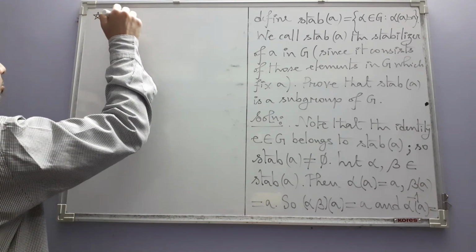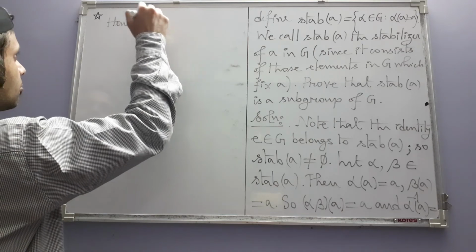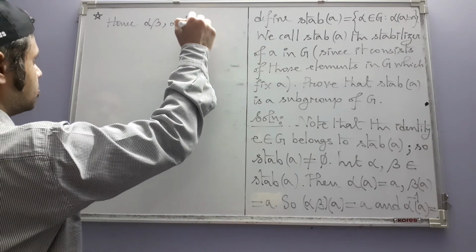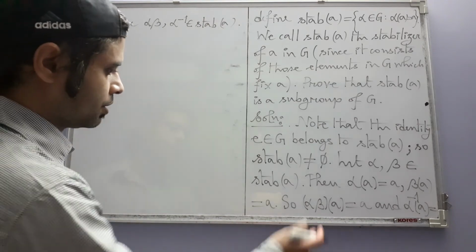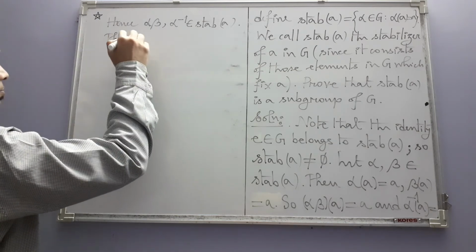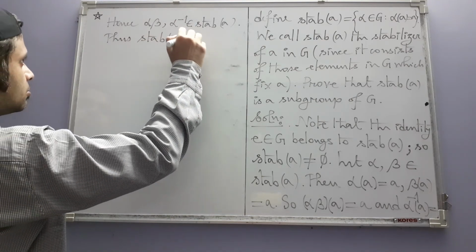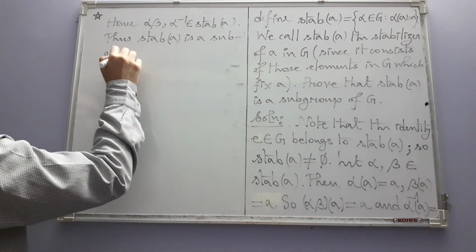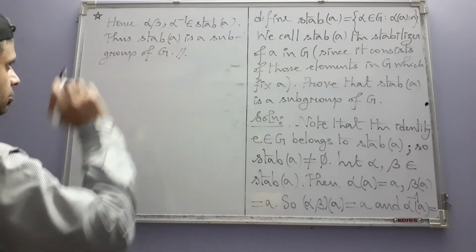Hence, alpha beta and alpha inverse both belong to the stabilizer of A because they fix A. Thus, this is a subgroup of G, and that's what we wanted to show.